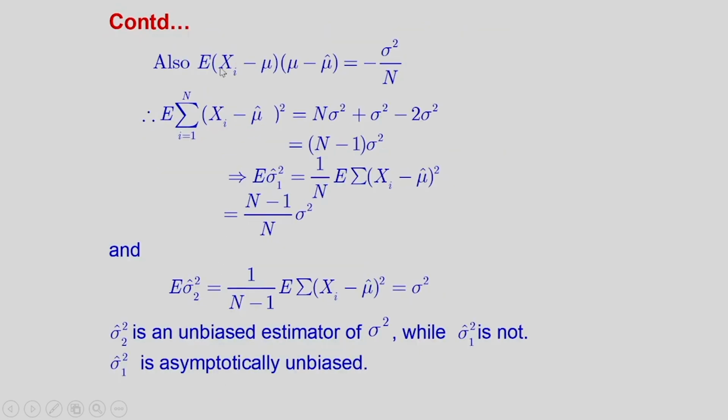And similarly we can show that E of (xi minus mu) into (mu minus mu hat)... Now mu hat involves all the random variables, but only in the case where it is xi will this expectation become non-zero, otherwise it will become 0. So this expression will become minus sigma square by n.